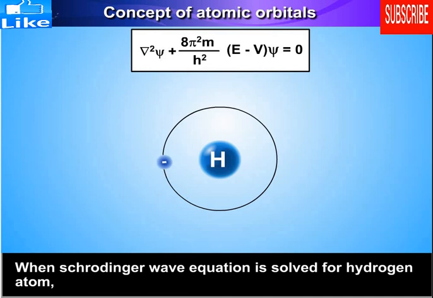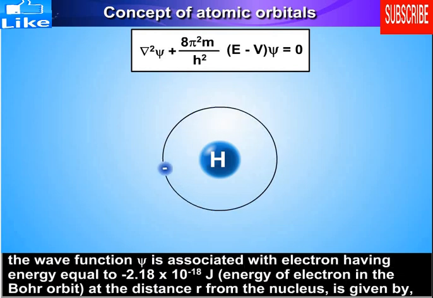When Schrodinger wave equation is solved for hydrogen atom, the wave function psi is associated with electron having energy equal to minus 2.18 multiplied by 10 raised to minus 18 joule.